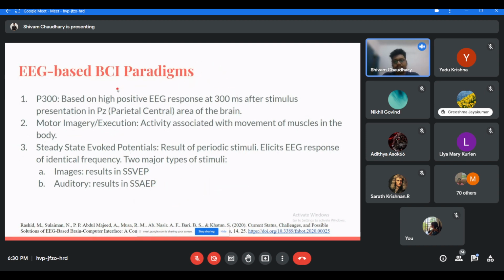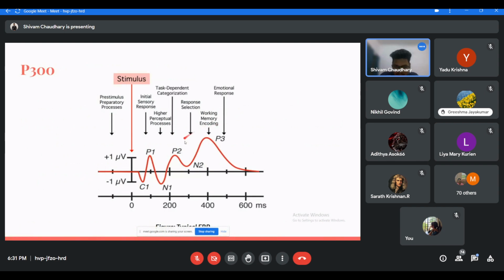So P300 works like this: P300 gives a huge positive peak. See here, P3 or P300 gives a huge positive peak starting from 300 milliseconds after I show them a stimulus. If I tell you to sit in a chair and I show you a letter A on a monitor screen, that is your stimulus.